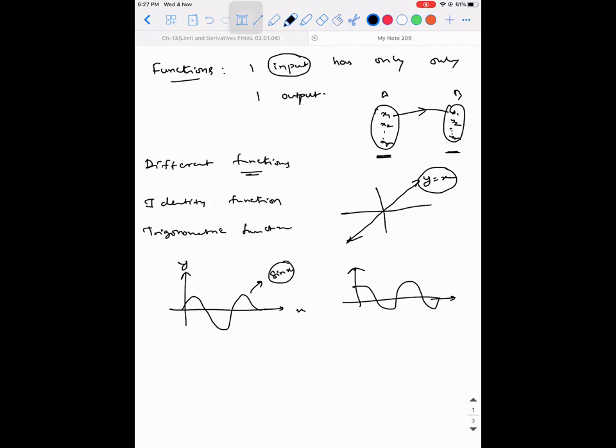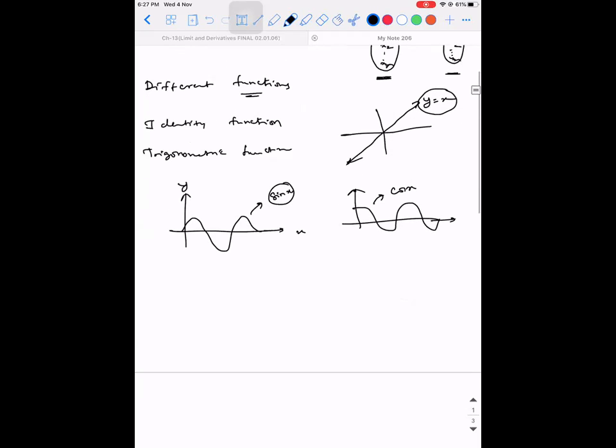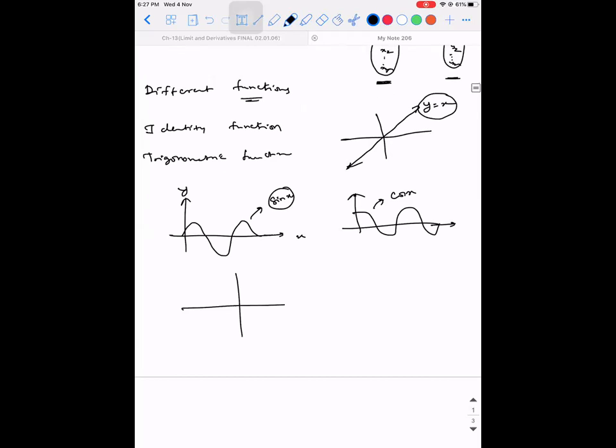Cos x. That's right. And if I draw a graph like this, tan. Very good. So this is a function called tan x.